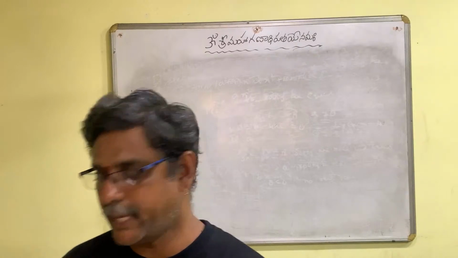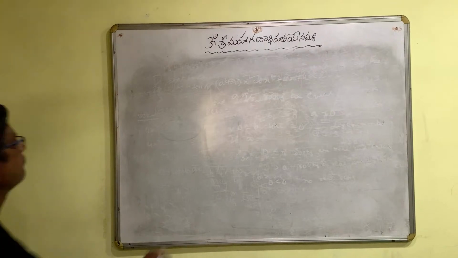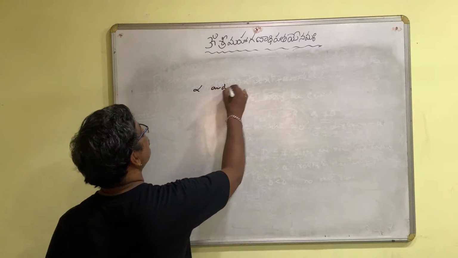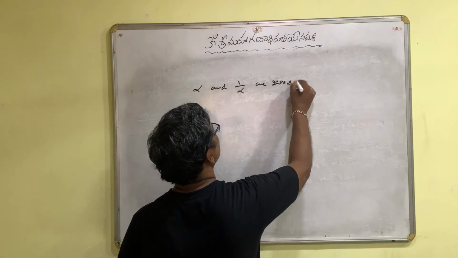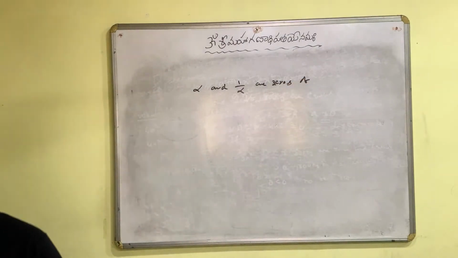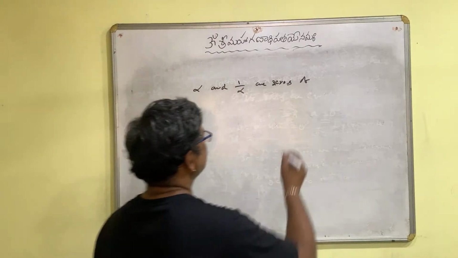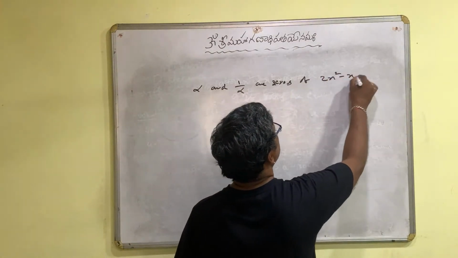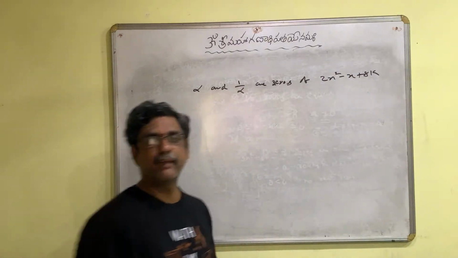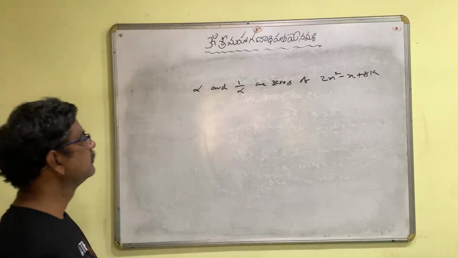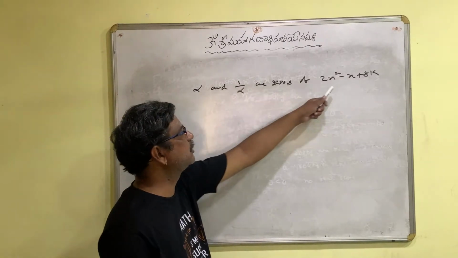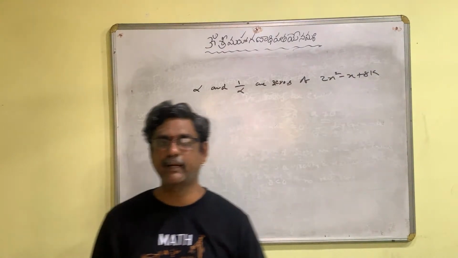If alpha and 1 by alpha are the zeros of the quadratic polynomial 2x square minus 8x plus 8k, we need to find out the value of k. Alpha and 1 by alpha are zeros of this polynomial, and we need to find out the value of k.